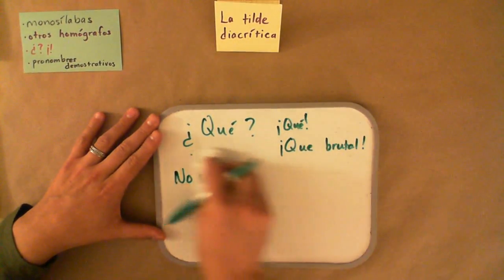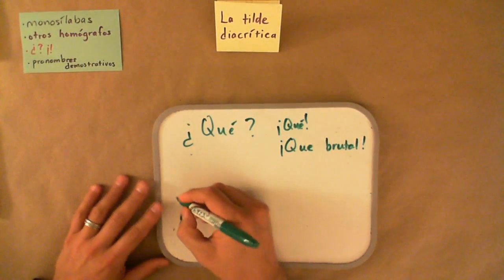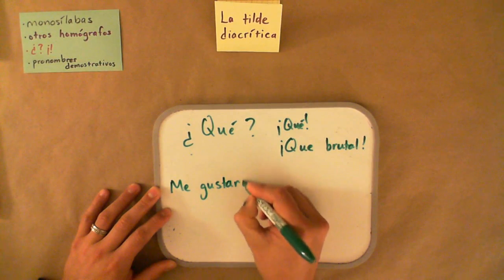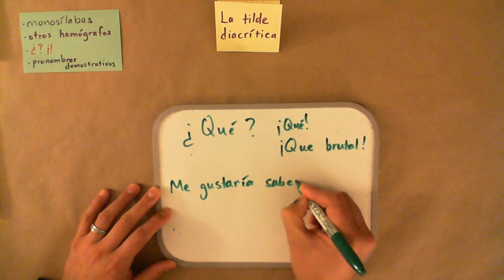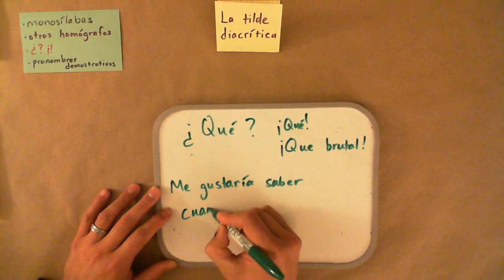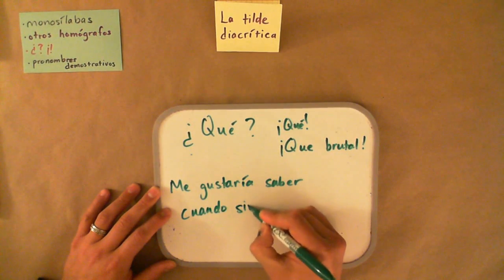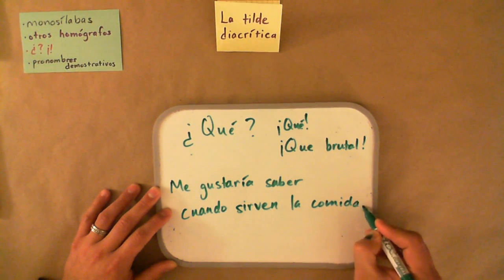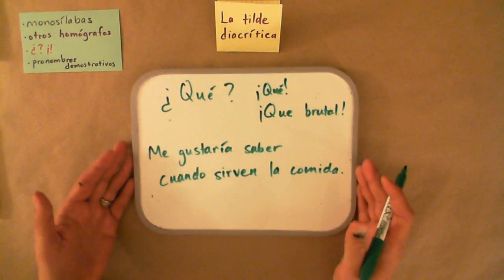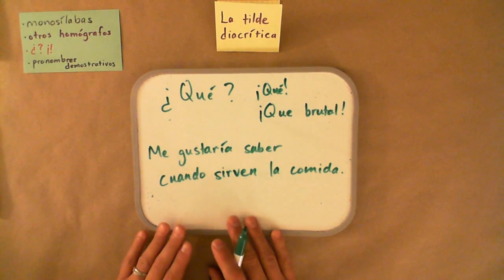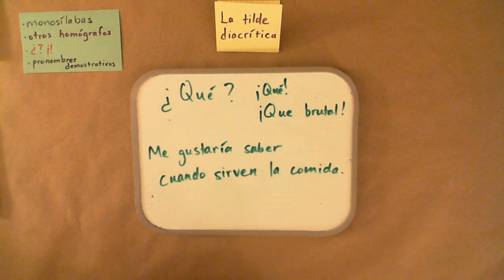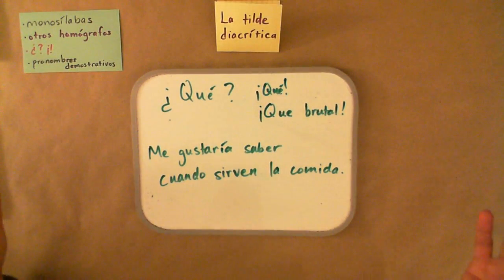Okay? One more example of the ambiguity would be this sentence here. Me gustaría saber cuando sirven la comida. As it's written, this means I would like to know when they serve the food. Meaning, when they serve the food, then I would like to know about something else, apparently.